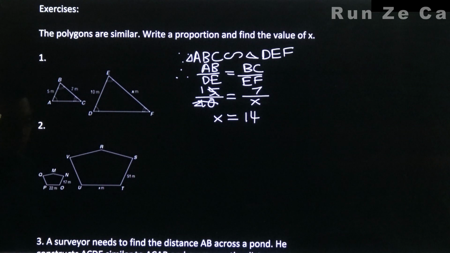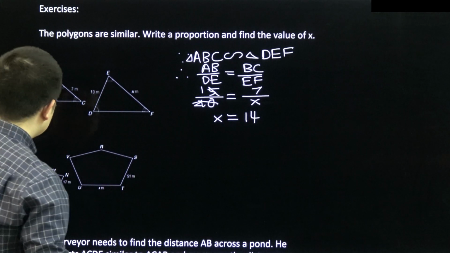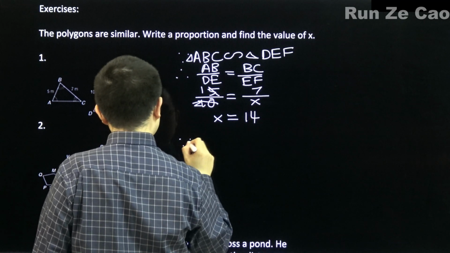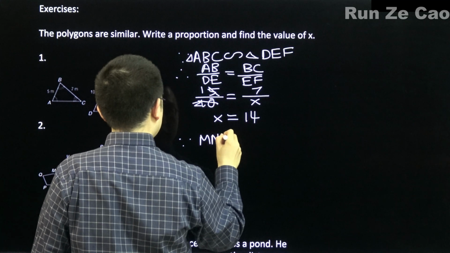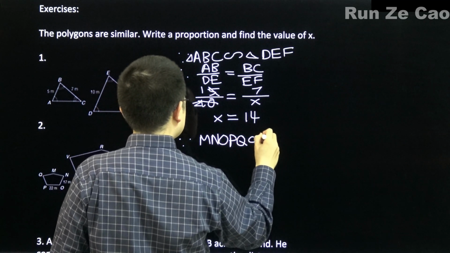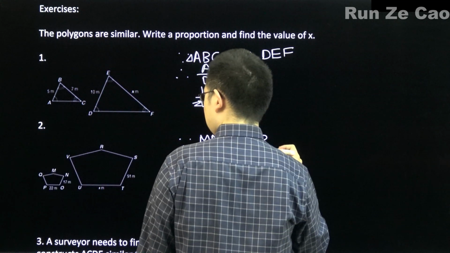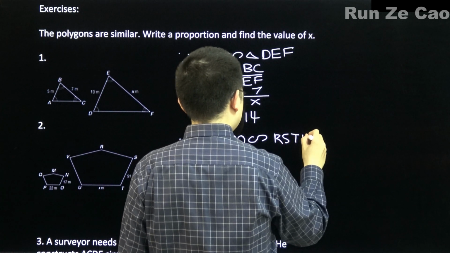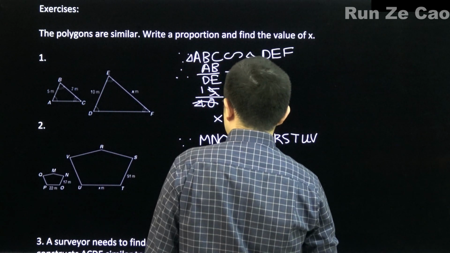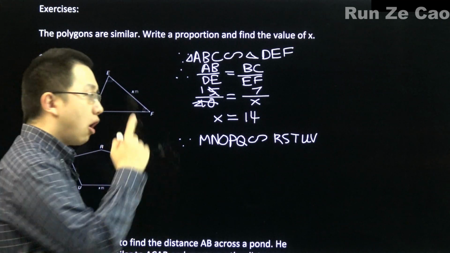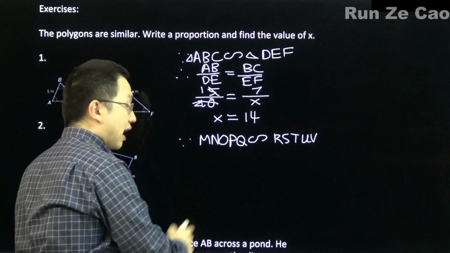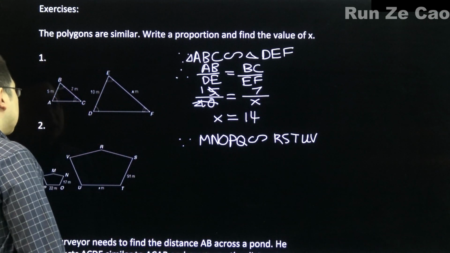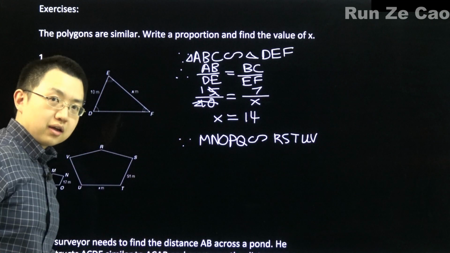Now, what about this second one? Because the shape MNOPQ is similar to RSTUV, make sure that you list all the corresponding points in the same order in both shapes. This is really important, especially if, say, the shapes were flipped or something.